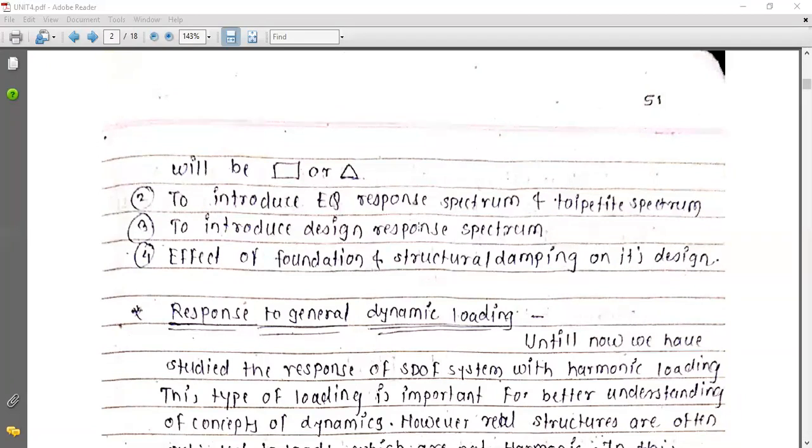Third one, to introduce design response spectrum.